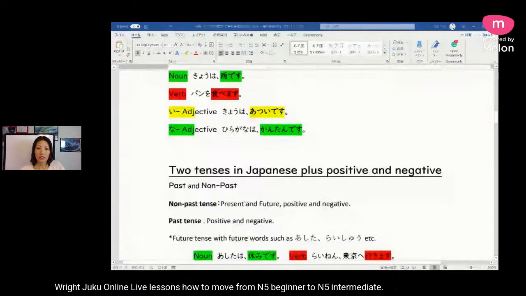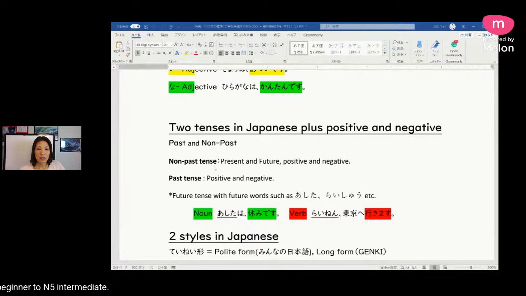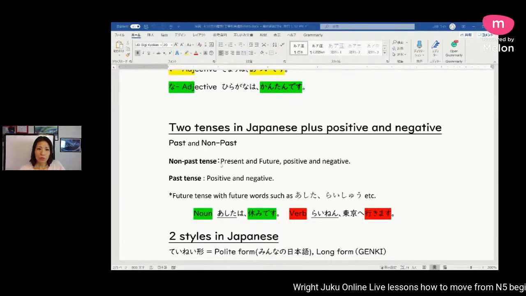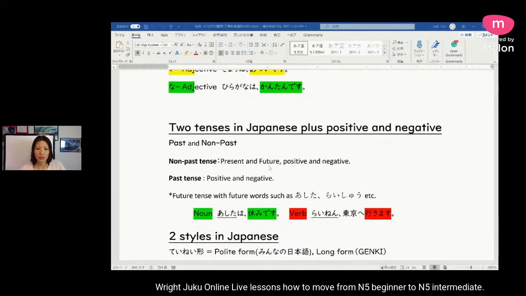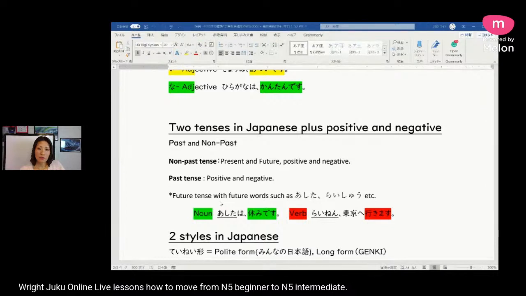The second point is there are 2 tenses in Japanese, plus positive and negative. The non-past tense means present tense and future tense, positive and negative. The other one is past tense, positive and negative. Non-past tense includes future tense. How do we recognize whether this is future or present? When we talk about the future, we use a future word together.